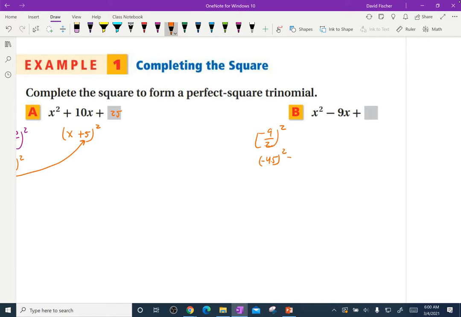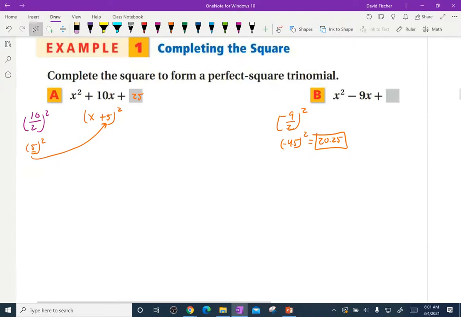So if you're getting a negative 20.25, something's wrong. Okay, so you're probably not putting parentheses around it in your calculator or something like that. I noticed on my calculator it said that, and that's not true. I know it's a positive. So I didn't put it in my calculator correctly. All right, very important: think about the signs that you should have. So that number right there needs to be 20.25.